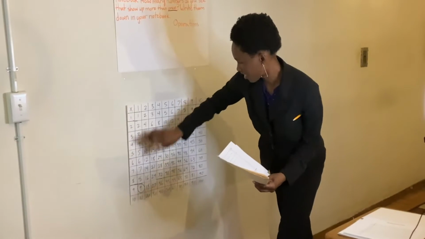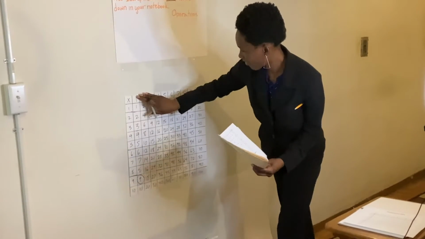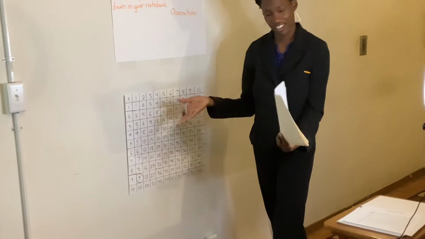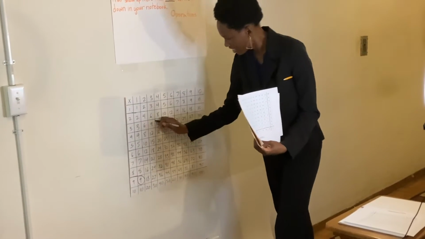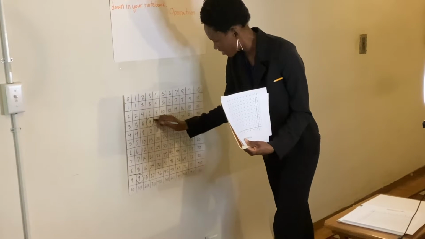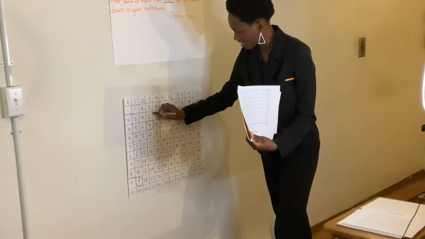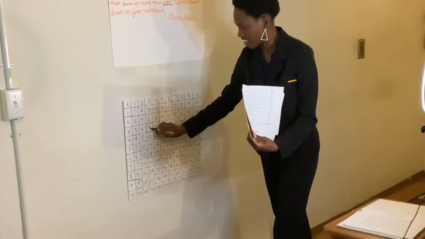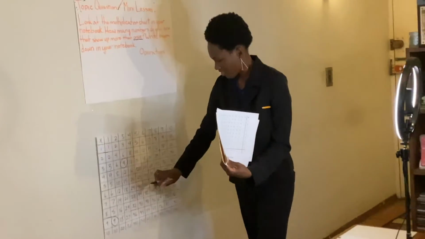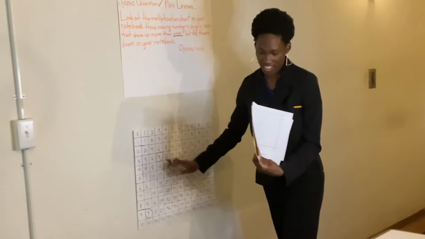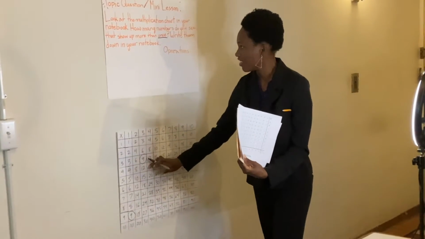If we go from here, 9 times 1 is 9. Let's look at another one here. We're seeing 3 and 3. 3 times 3 is 9. So we have more than one way to get to 9.